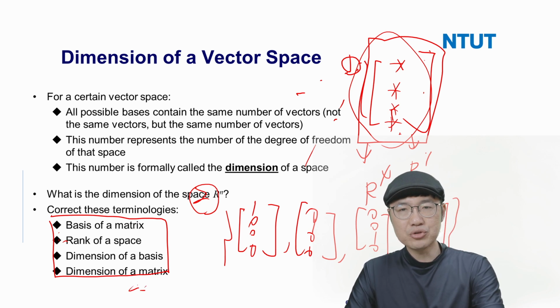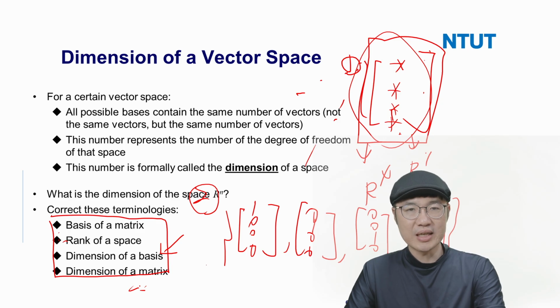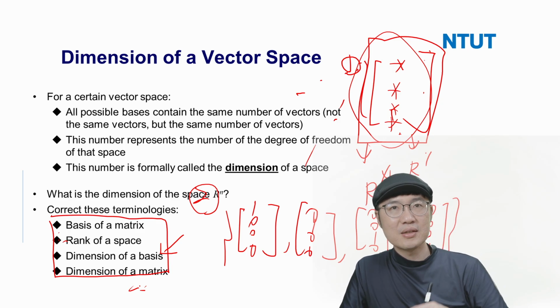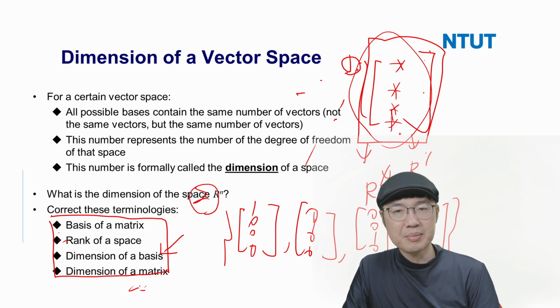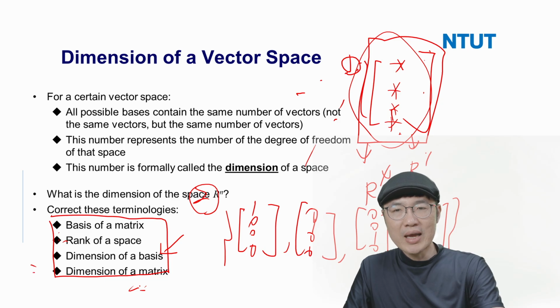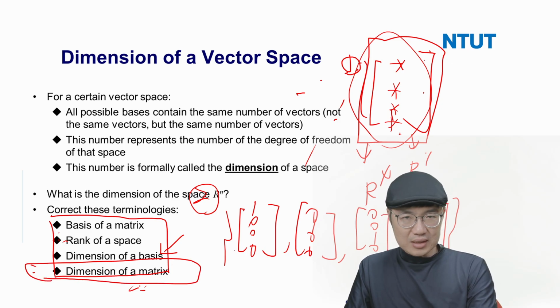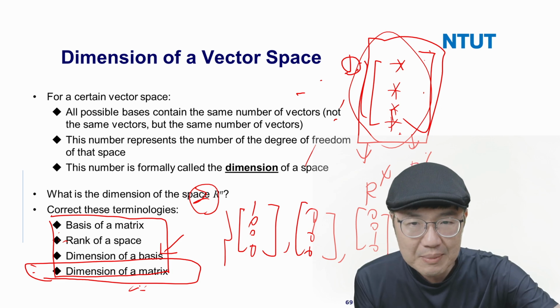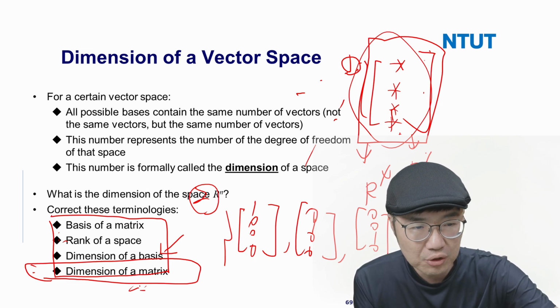And the dimension of a basis is incorrect. Dimension is for a space or subspace, not for a basis, not for a matrix. That's why I say the size of a matrix instead of the dimension of a matrix. The dimension is for a space or subspace.